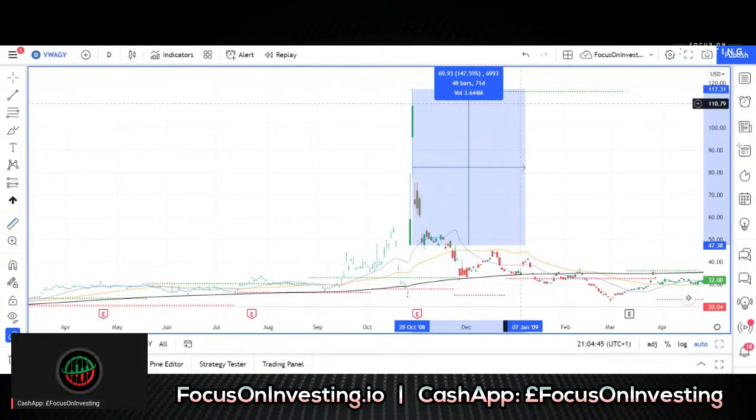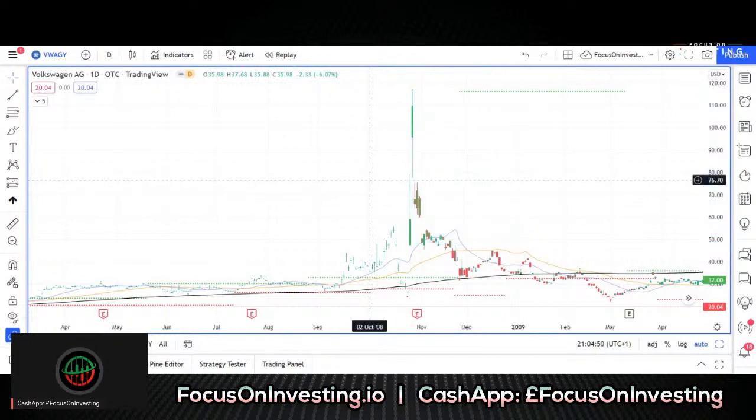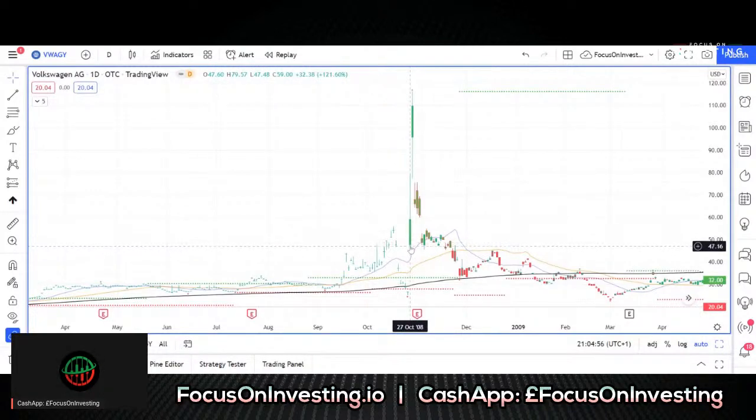Look at that percentage growth we're talking about. So this is what we call a short squeeze. Now imagine the stock going from around the $47 area up to $117 per share, right?